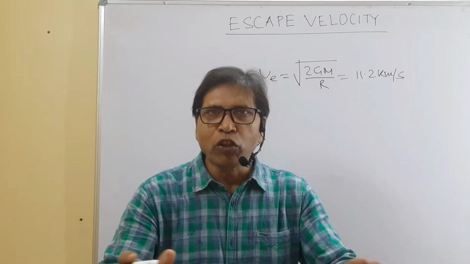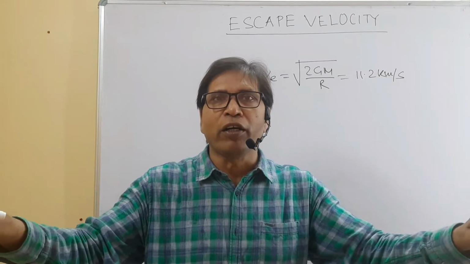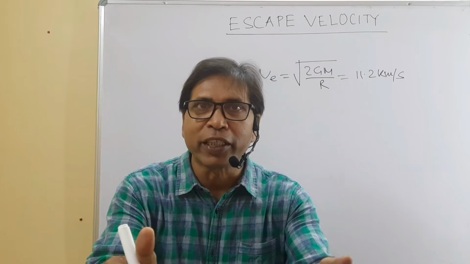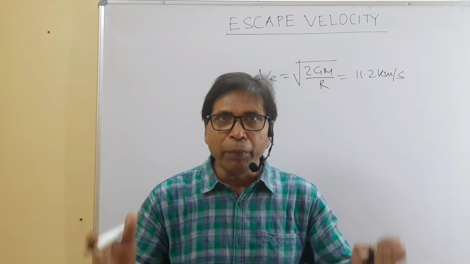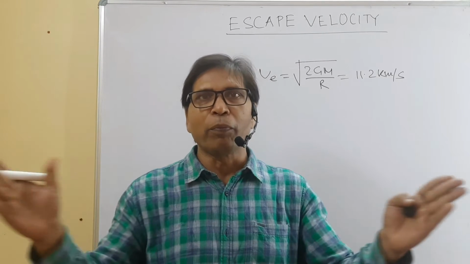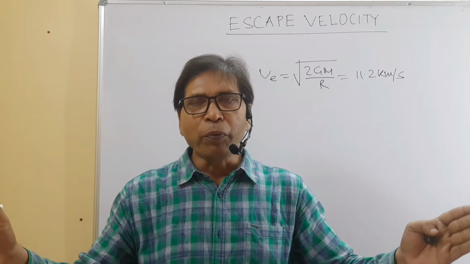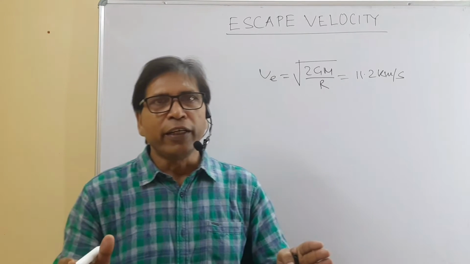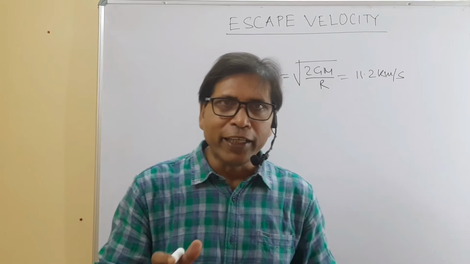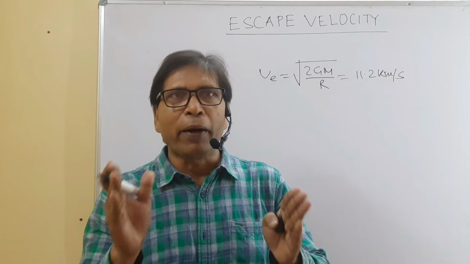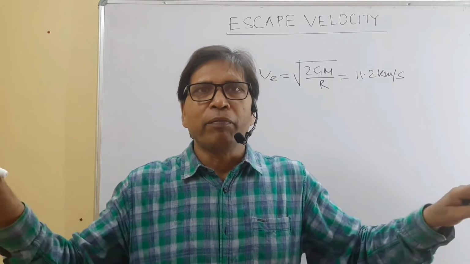The escape velocity does not depend on the direction of projection and is also independent of the mass of the projected body. Therefore, escape velocity in any direction, vertical or 45 degrees with the vertical, is the same.